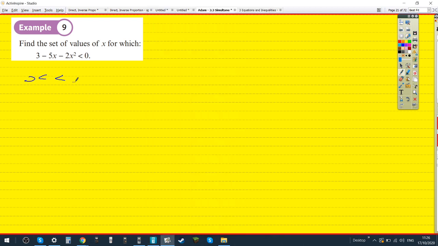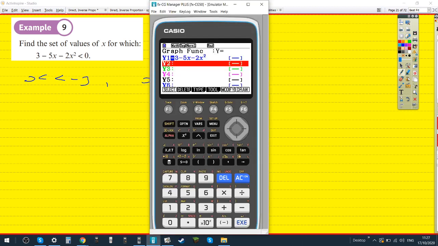So x is less than minus 3, was it? Yeah. And the other one, did you say a half? Yeah. If a half is less than x, then if you put the x on the other side, it'd be x is greater than a half. That's it. And they don't overlap. Yeah, let's put it in the graphical calculator.